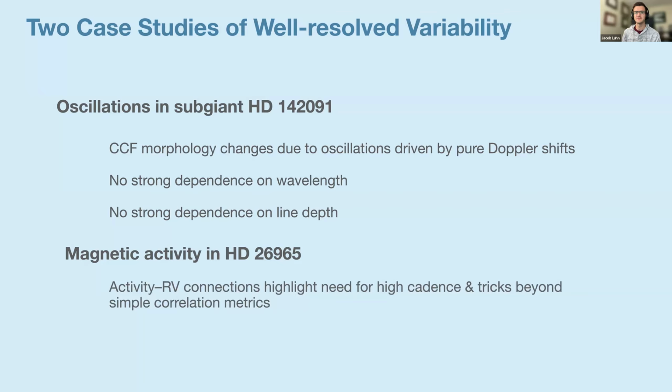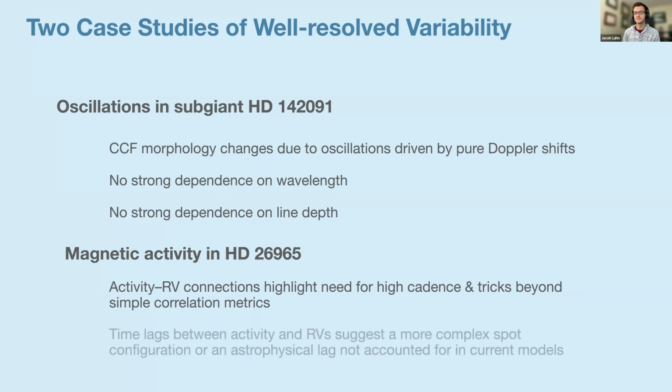For the second part of the talk, magnetic activity, we'll see that these activity-RV connections really highlight the need for these well-sampled time series and the high cadence that is necessary for those. But then also a word of warning about using simple correlation metrics to diagnose or mitigate those effects.